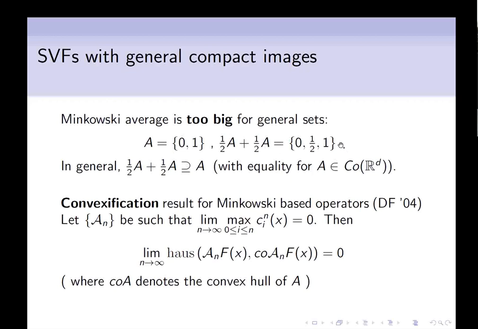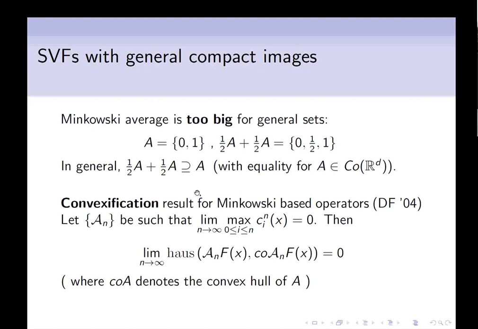It results in this set. We can easily see that this set is bigger than A. This is true in general for general compact sets. Equality holds only for convex sets. So this Minkowski average is too big for general sets.